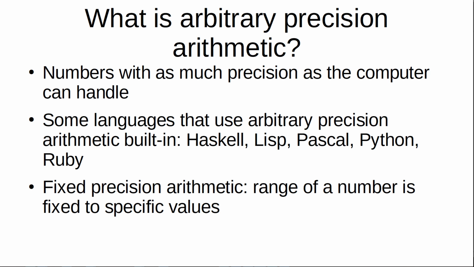Arbitrary precision arithmetic contrasts with fixed precision arithmetic, where numbers are limited to a certain amount of bits. For example, in C, where there are many different data types for numbers, representing different fixed precisions of integers and floating point numbers. And in this series, we'll essentially just be covering arbitrary precision arithmetic for integers.